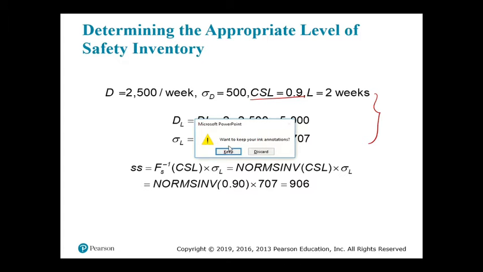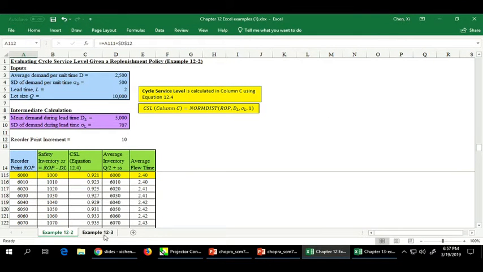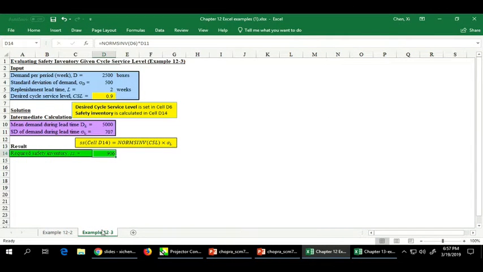So again, in Canvas, you'll be able to find the Excel for this question.